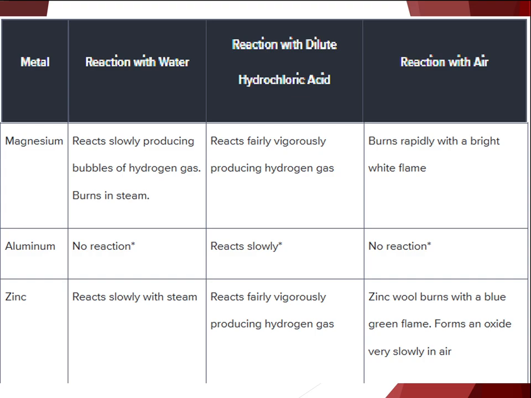Zinc reacts fairly vigorously with dilute hydrochloric acid, producing hydrogen gas. Zinc wool burns in air with a bluish-green flame and forms an oxide very slowly.